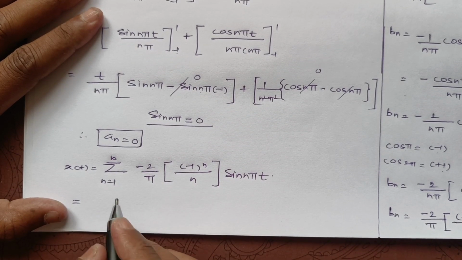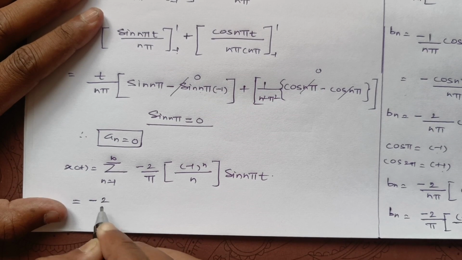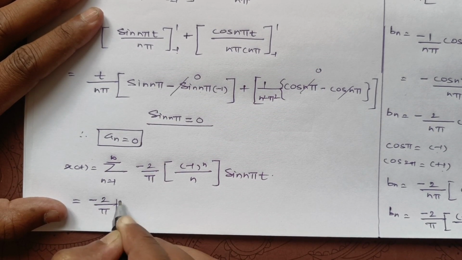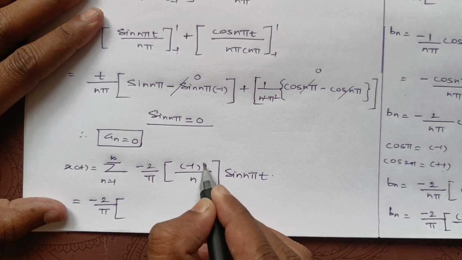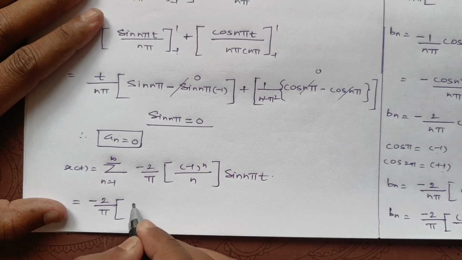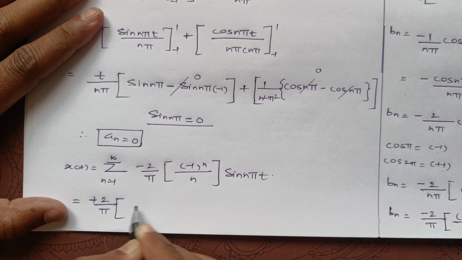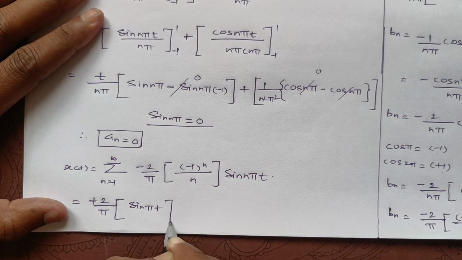If I put 1 here, we'll get minus 2 by pi into minus 1 raised to 1, which is minus, so this will become plus, and n is also 1, so we'll get sin pi t.